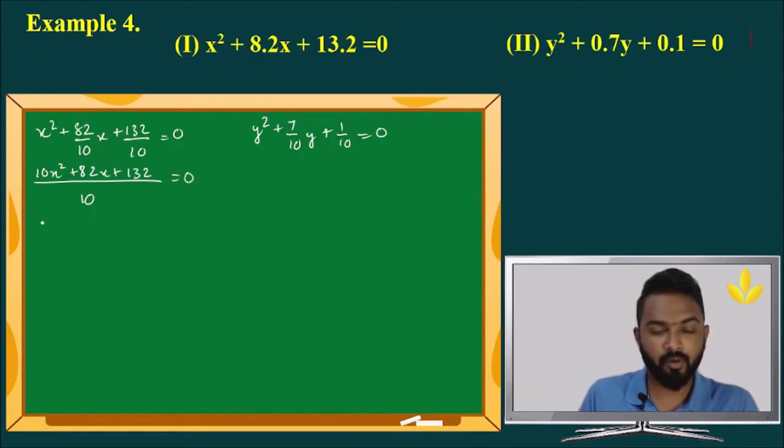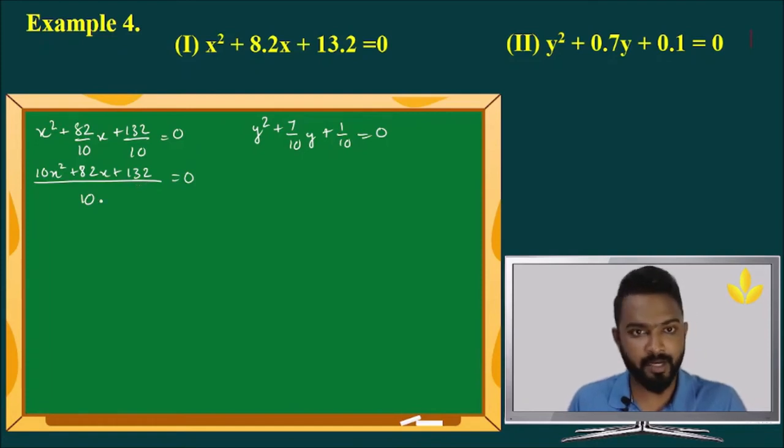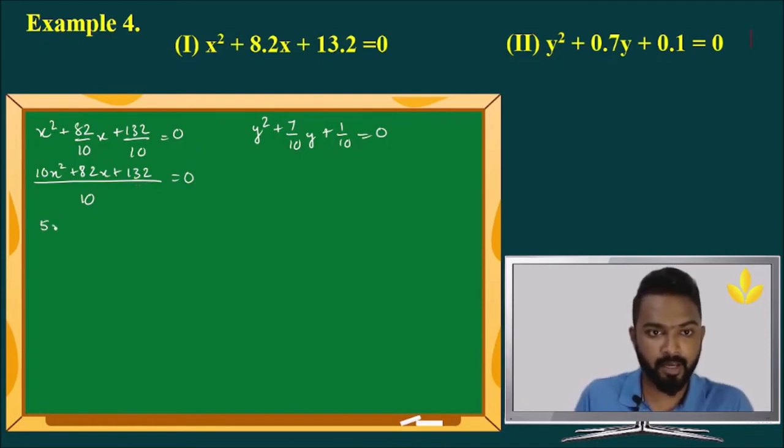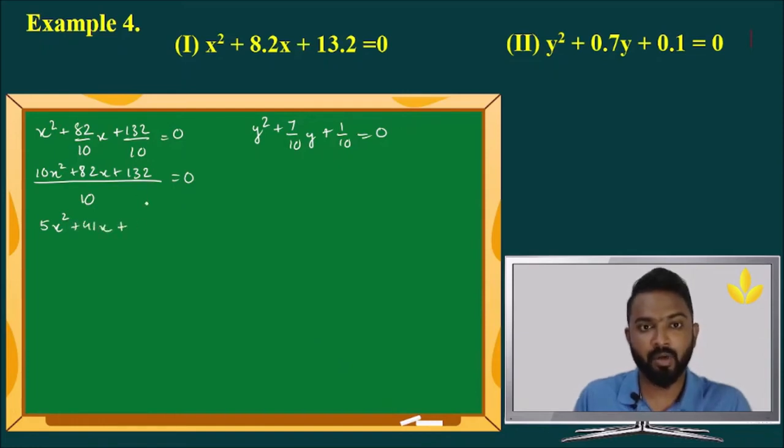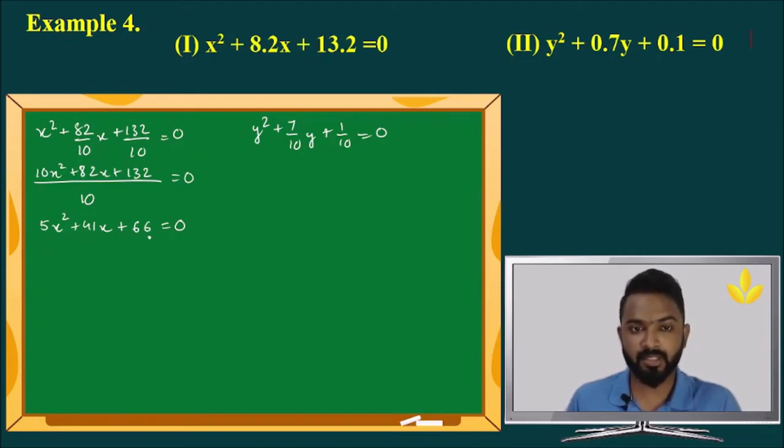So 10 gone obviously, and 10, 82 and 132, all of them are divisible by 2. So we have 5x square plus 41x plus 132 gets divided by 2, we get 66 equals 0.